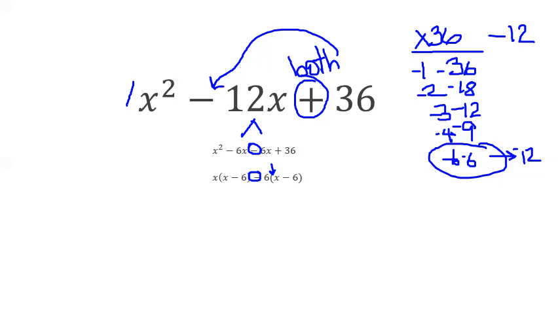So now we have the common brackets. So we can see that both of our brackets are the same, so we can write it as x minus 6 squared. So this was a perfect square that was expanded because we ended up with a perfect square at the end, and our middle term was double the square root. So if we take the negative 6 and we double it, we get our middle term of negative 12.